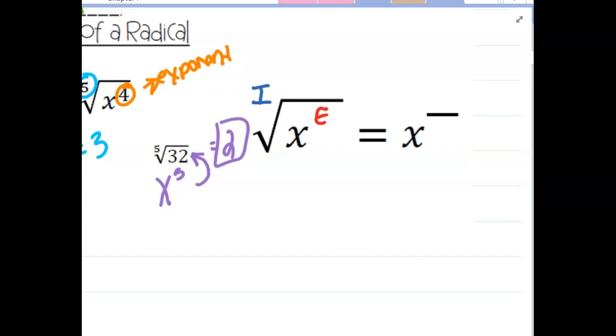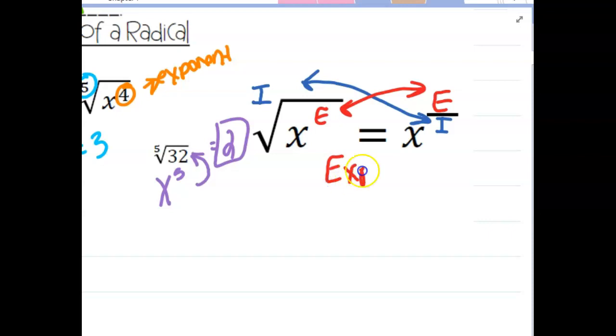What you're going to put in your fraction is the exponent over the index.